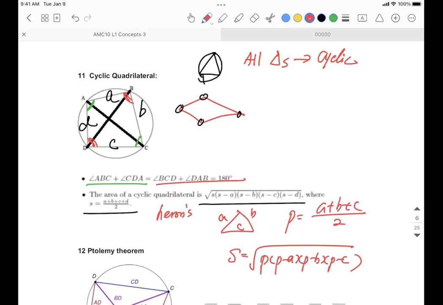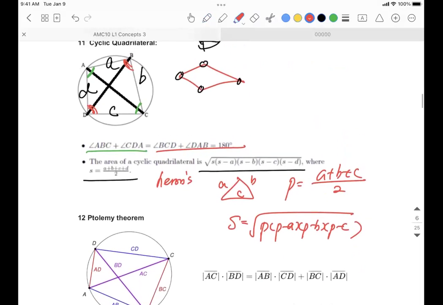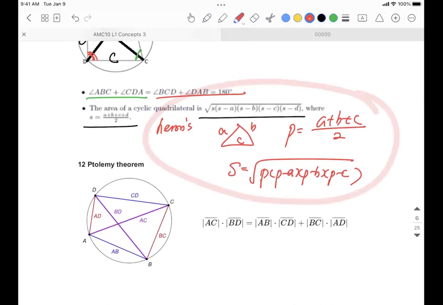So Heron's formula is actually quite similar to the cyclic quadrilateral's way of doing it. So you can always use an average of the four sides, or three sides, whatever, and then multiply average minus A, minus B, minus C, minus D. That's it. This is actually a very expedited way for you to determine the area of a given quadrilateral.